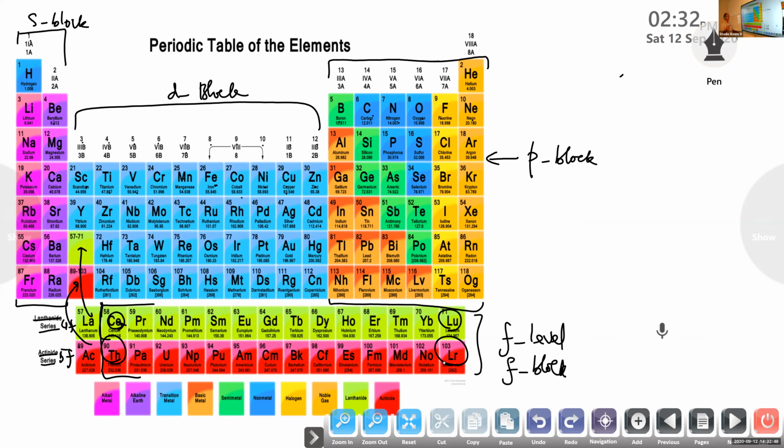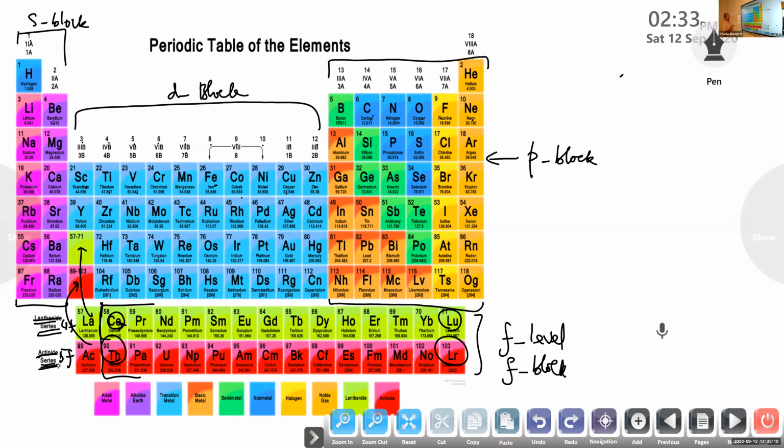And in these elements, the last electron enters the 5F level. So the elements corresponding to the filling up of the 4F level are called lanthanoids. The elements in which the last electron enters the 5F level are known as actinoid elements.